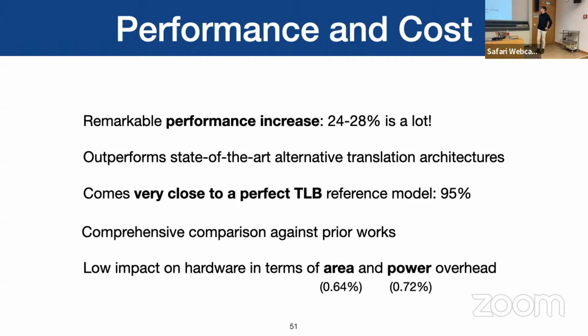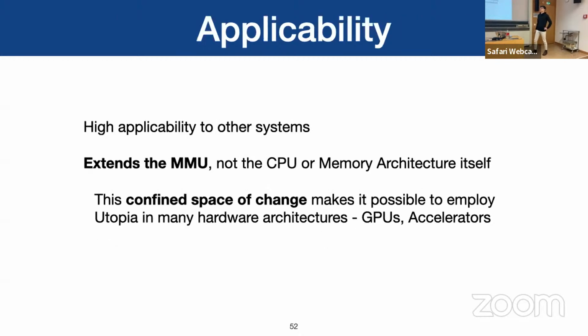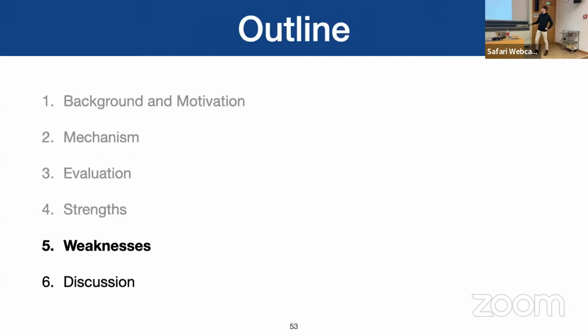These overheads, 0.64% and 0.72%, are not a lot, I would argue. Another strength of Utopia is its applicability, because it extends the MMU. It's independent of the CPU, for example. We could also employ it with GPUs or other chips. And it's also independent of the memory hierarchy. So it's modular and therefore can be applied to a lot of architectures.